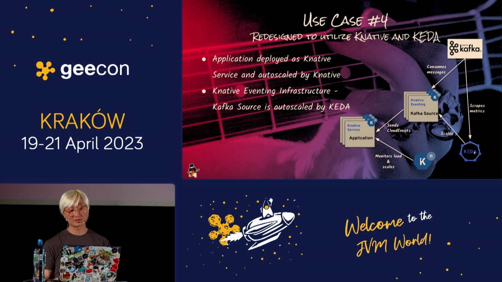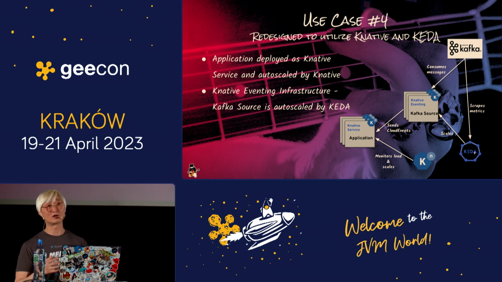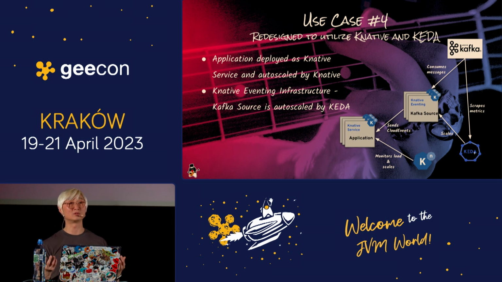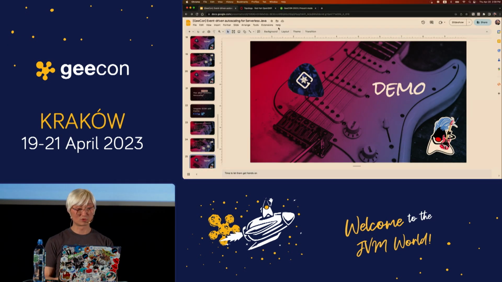Then Knative finally scales out your application. With the combination of KEDA and Knative, it allows you to scale not just to one but more than one, like 1,000 or even a million, based on your settings. So let's go back to here.